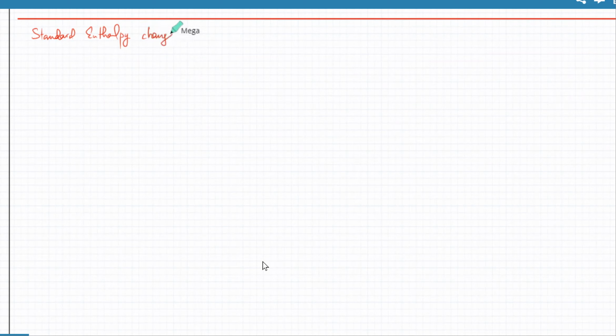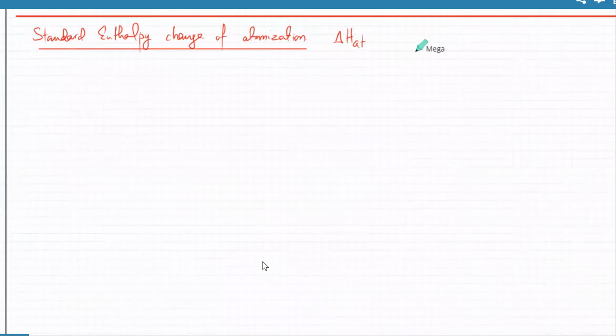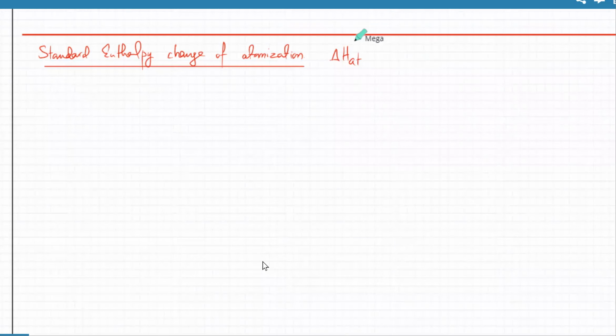So the next one, again, the definition, etc., everything has to be memorized. So this is the standard enthalpy change of atomization, and its symbol is delta H, sometimes the whole word atomization is written, or just delta H with a knot on top.